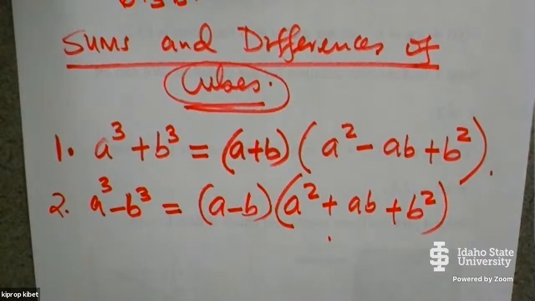If you remember, this is like a minus b squared, and this one is a plus b squared. So the difference is a minus here, and for that one there is a plus here. And this one there is a minus here, and for this one it is a plus. So you need to know the difference.